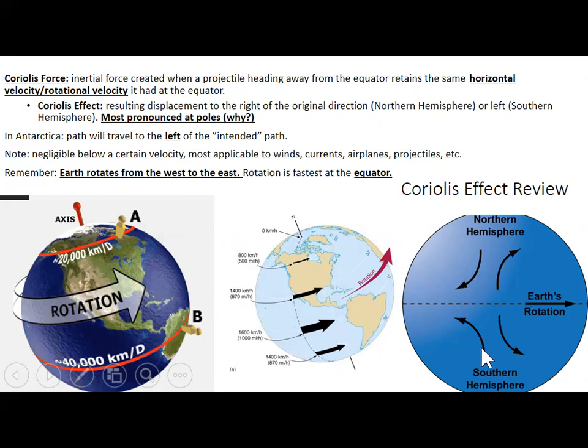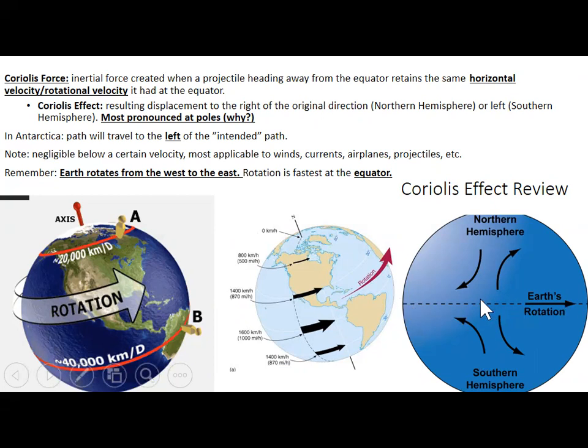A counter example, actually, of sorts, is if you're in the reverse situation of starting at the South Pole and going towards the equator, you're going to end up off course. You kind of think that you're rotating more slowly than the Earth you're passing over.